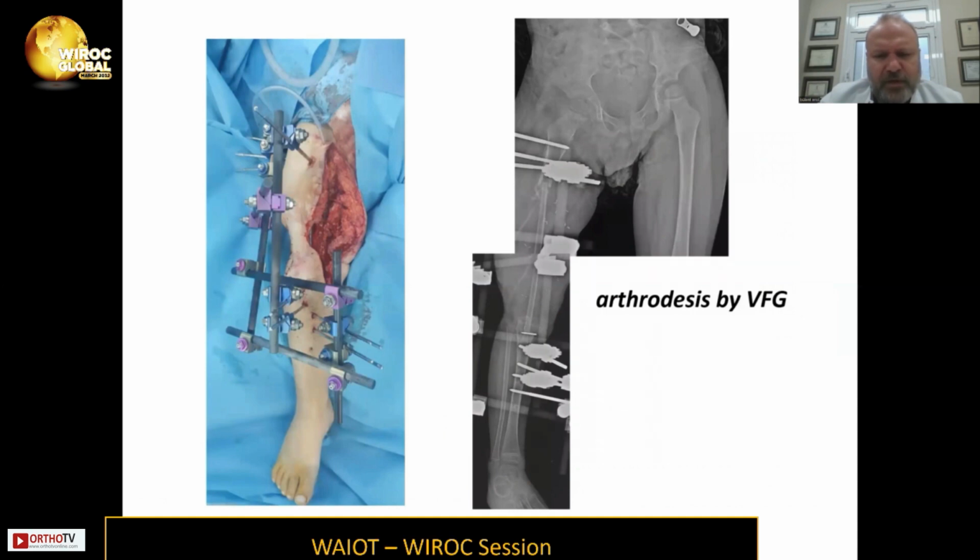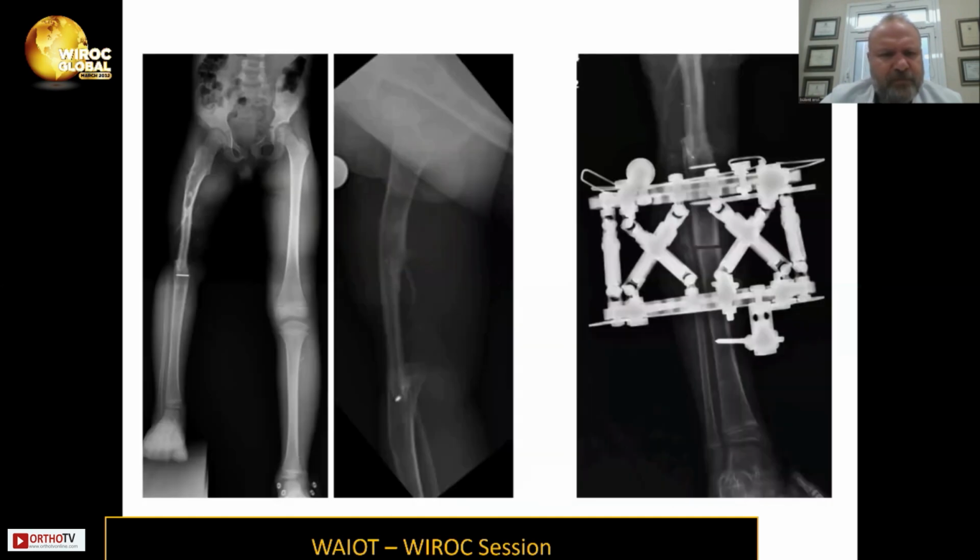as a result, a large bony defect in the femur was formed, and then we performed an arthrodesis by a vascularized fibular graft between the remaining femur and the tibia.